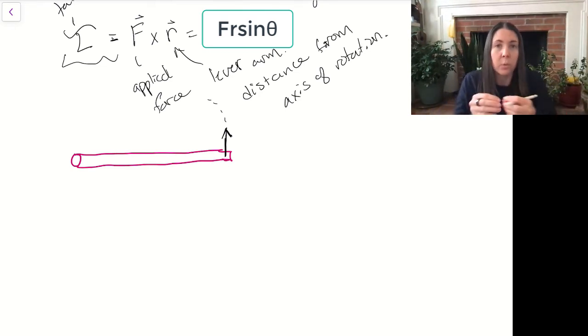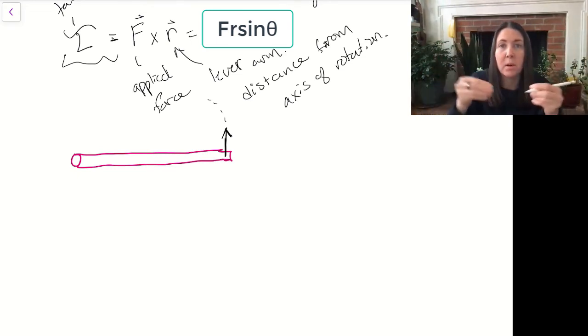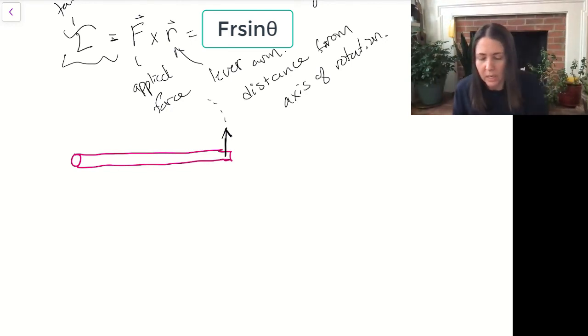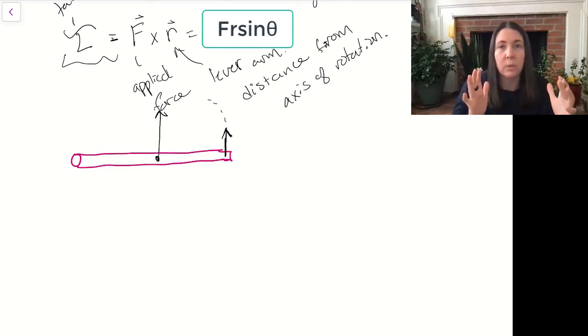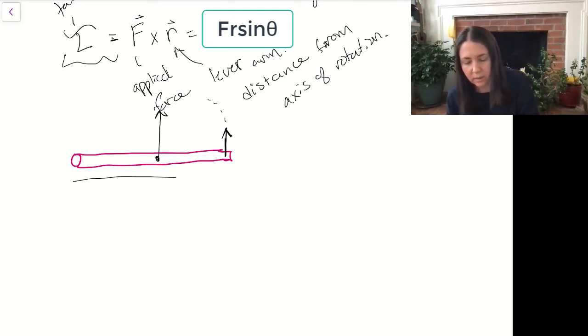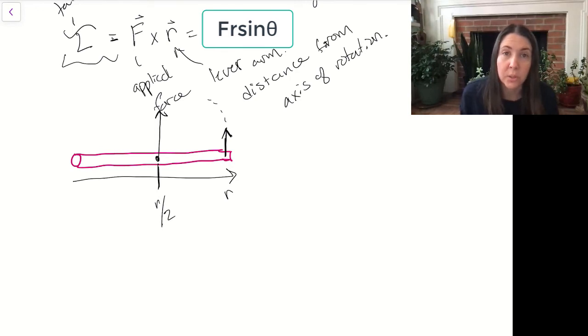We want to maximize the radius, the distance, so that we can minimize the amount of force needed to open it. It's going to be twice as hard to open a door if I reduce the lever arm: if this is R and this is R over 2, it would take twice the force to open the door.